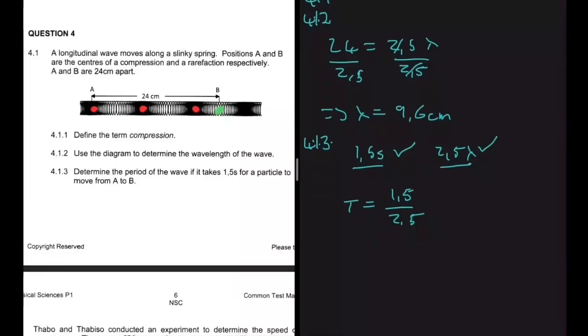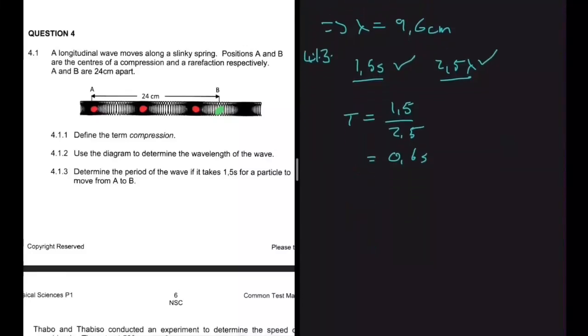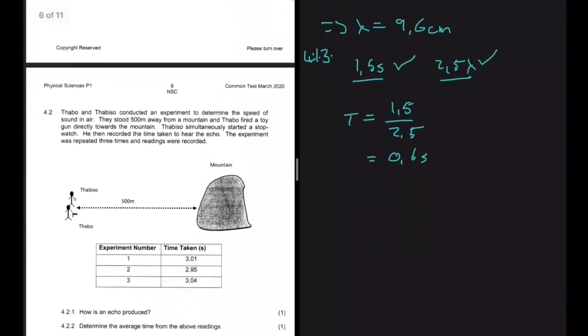If we compute that, we're going to get 0.6 seconds. So the time it takes to complete one wavelength is 0.6 seconds. You say the time it takes to complete 2.5 waves divided by 2.5 waves, and then you will get the period. And now off to 4.2.